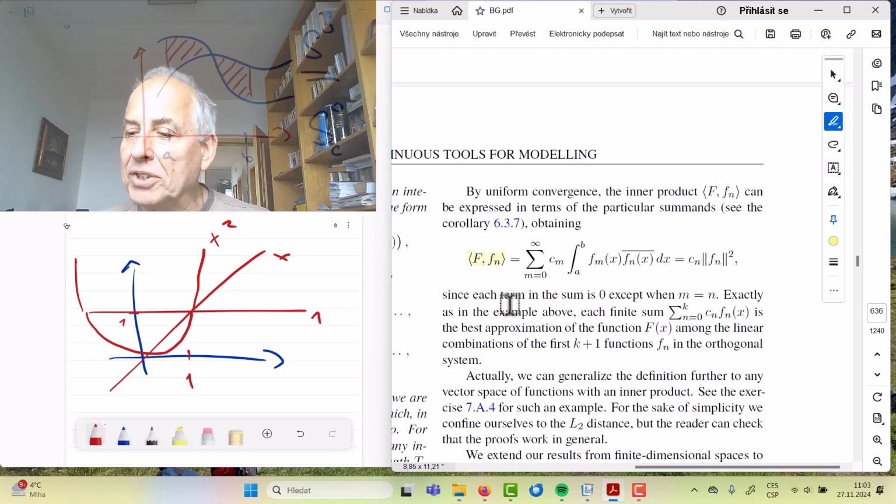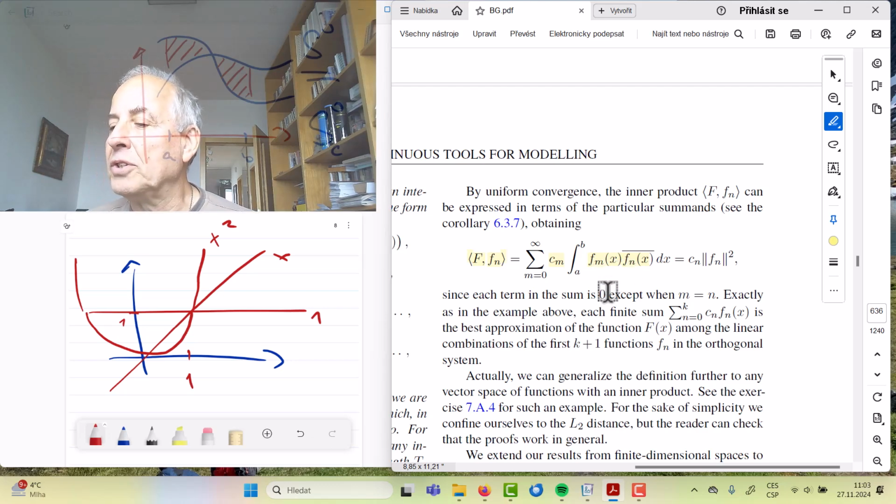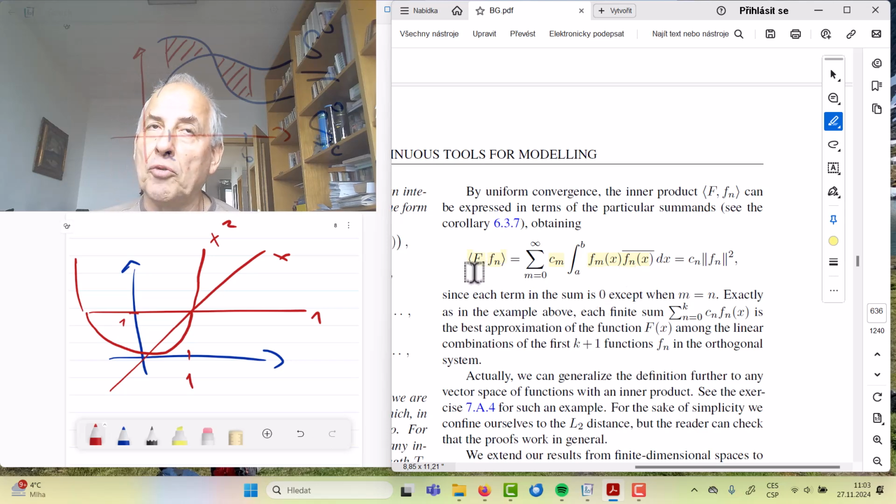And then of course the constants will jump out from the integral, and what we get is only the scalar product of the couples of the functions, and we know they are always zero except if m is n.